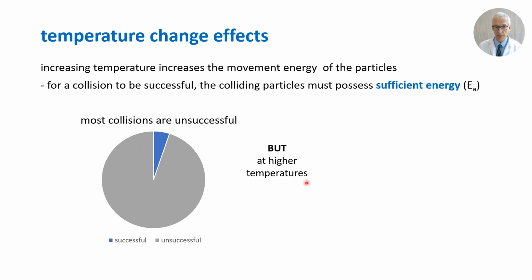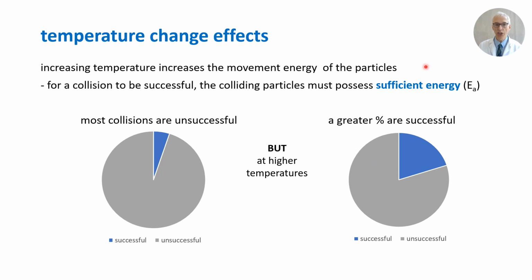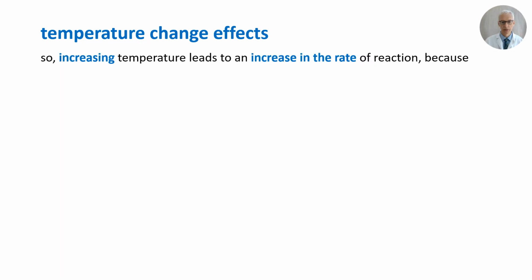But at higher temperatures, because the movement energy of the particles is increased, there's a much higher percentage or proportion of collisions that are successful, that result in a reaction. So increasing the temperature leads to an increase in the rate of reaction.